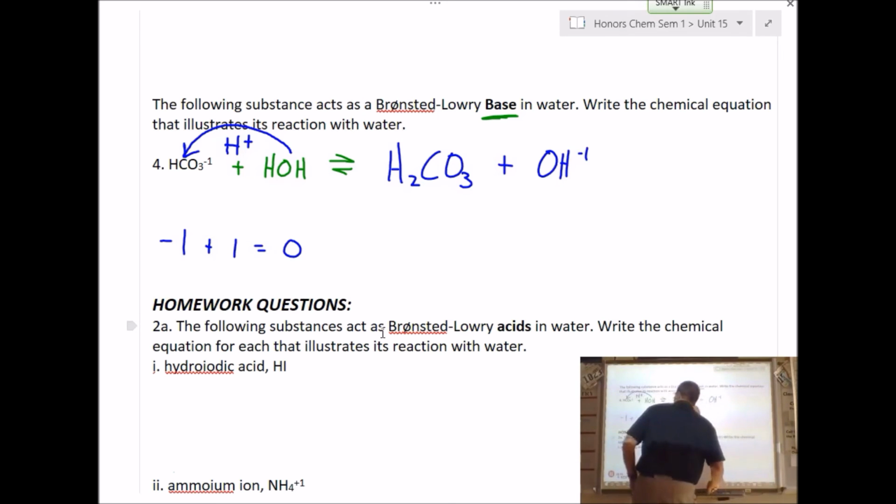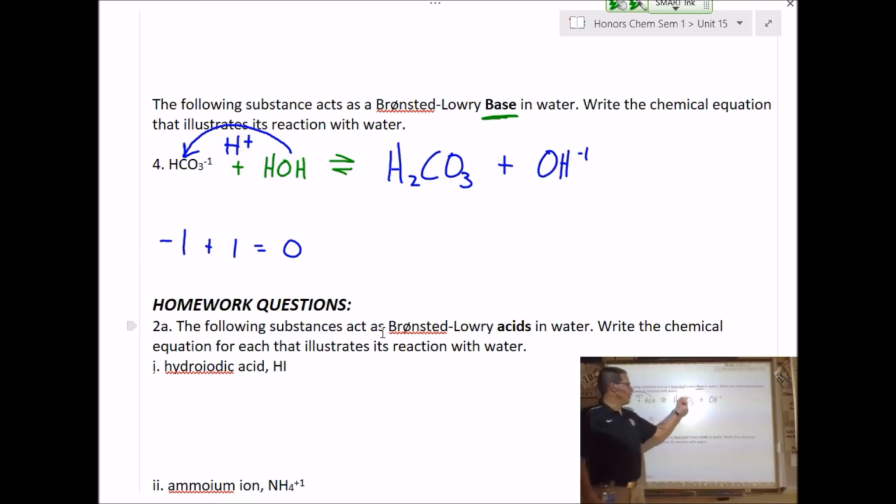Okay. Now, make sure that the charges are the same on both sides. So -1 plus 0 equals -1. 0 plus a -1 equals -1. So that's a good way to check that. Also, if you are doing this just for kicks and giggles, we got base, acid. What's this called?